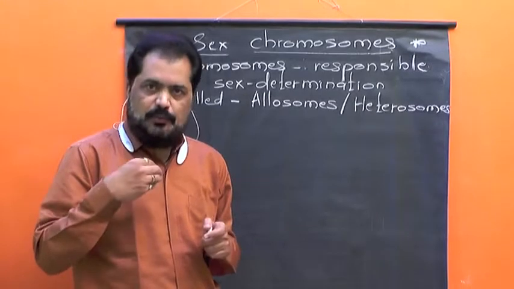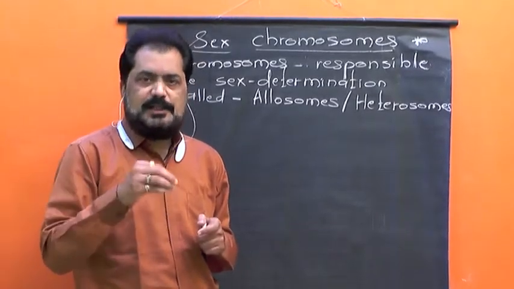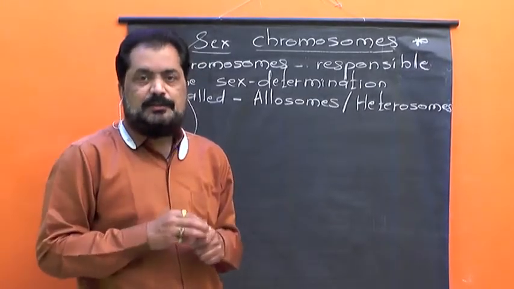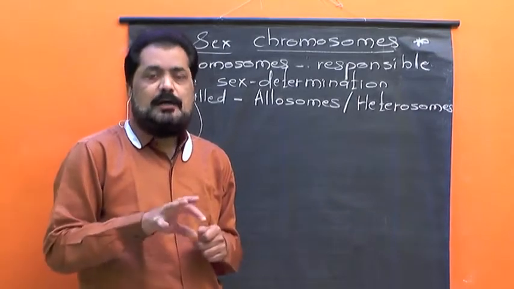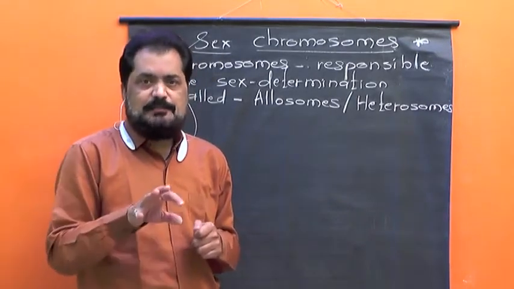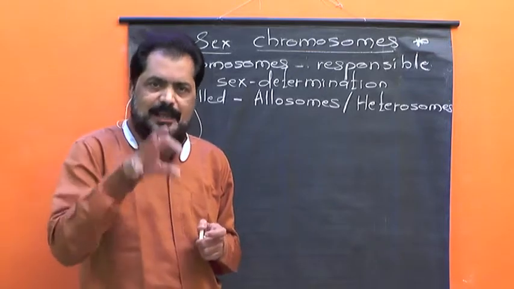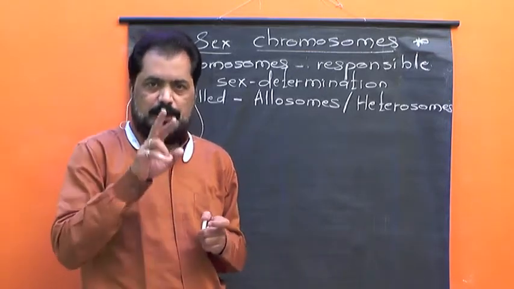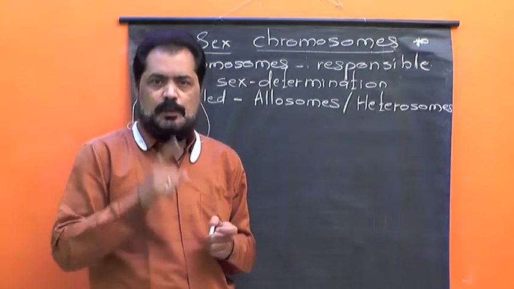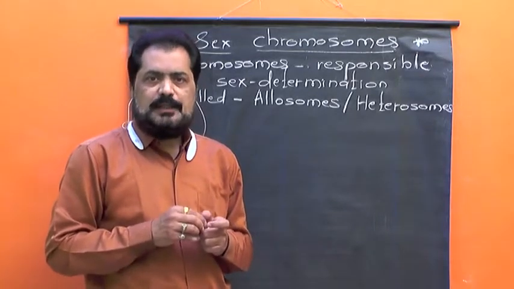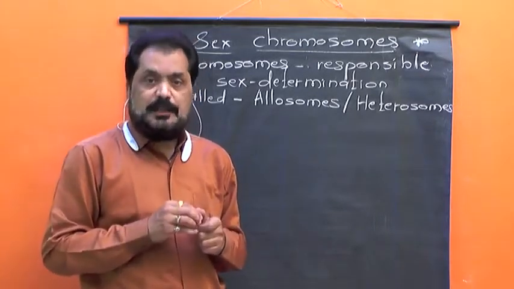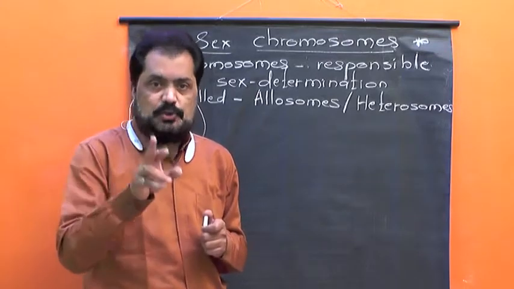The sex chromosomes are unidentical, dissimilar in male individual, because in a pair of sex chromosomes, one sex chromosome is longer and another is shorter.